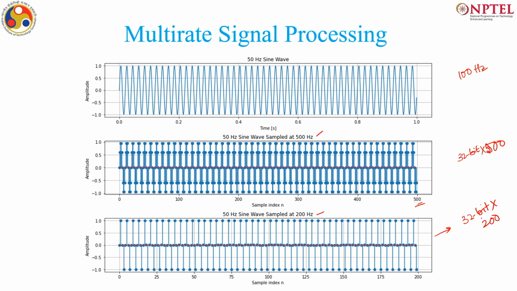So, this version is better for transmission and storage, whereas the other version is better for analysis. Also, computation complexity will be less in this version because of fewer samples, but information is more in the 500 hertz sampling rate signal.